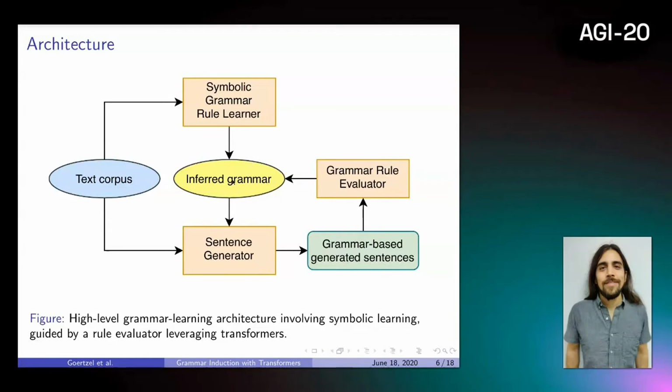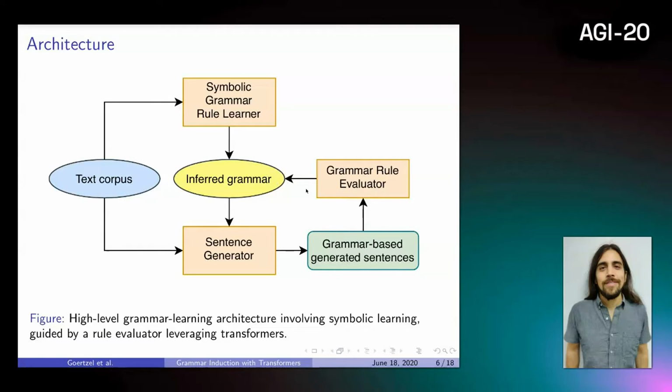What is the oracle doing? From the grammar that is inferred somehow, you produce sentences. Using a sentence generator, you take a rule and then produce sentences. Then using the transformer, the language model, these deep neural networks, we can evaluate how good the sentences created with such a rule are, and thus decide if that rule is worth including in our grammar or not.